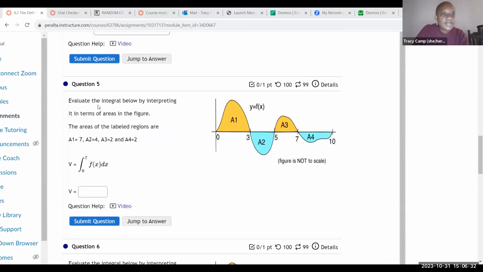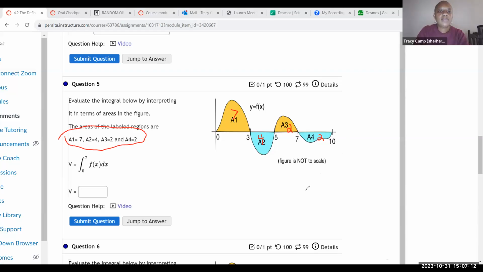So number 5, it says evaluate the integral below by interpreting it in terms of areas. And then we're given the areas of these labeled regions. So we're told that A1 has an area of 7, A2 has an area of 4, A3 has an area of 2, and A4 has an area of 2 also.